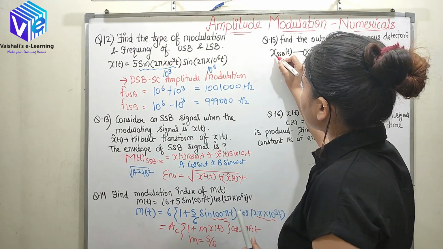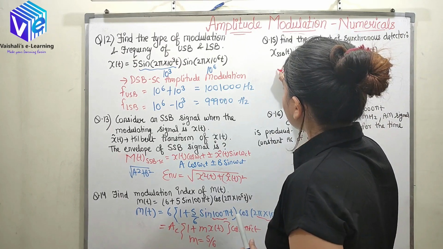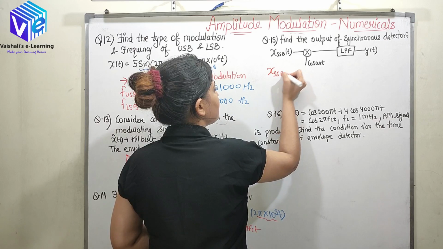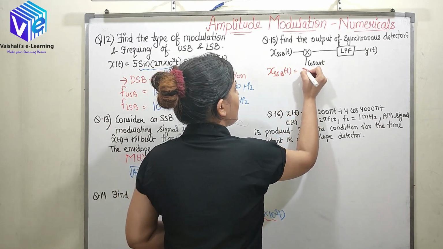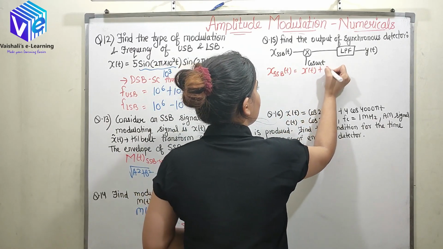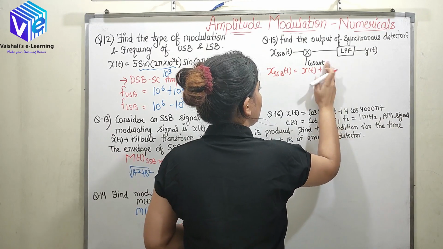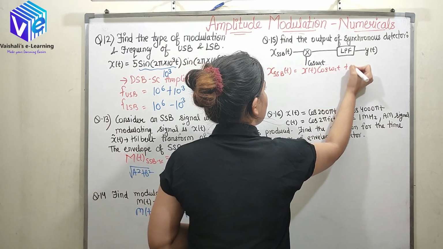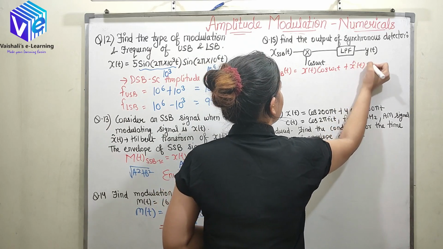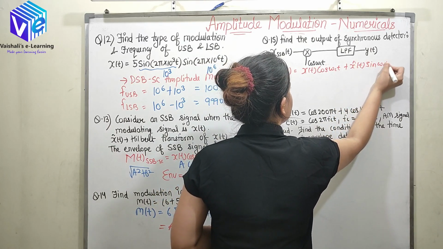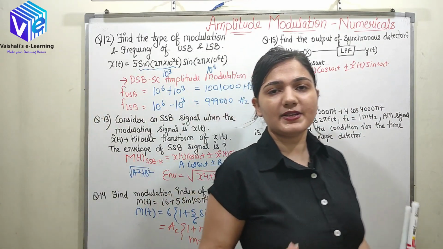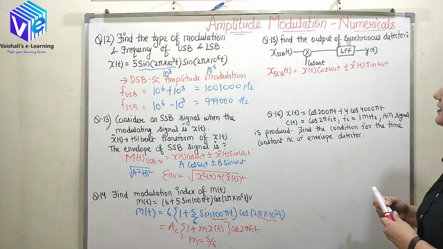I know what the SSB type of amplitude modulation is. X SSB(t) is given by x(t) cos ωct plus x cap(t) sin ωct, and here I can have minus also. Plus minus represents the upper sideband and lower sideband respectively.